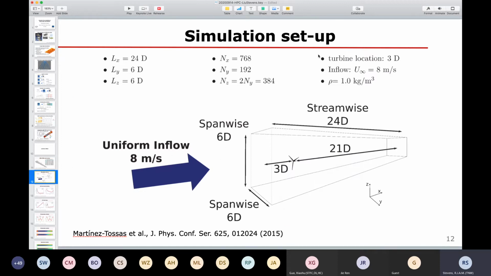Then we use a uniform inflow of 8 meters per second in a large domain so that the flow can fully develop, using a grid of 768, 192, 384 as indicated over here. The turbine is placed far enough into the domain to prevent the induction effects from having too much of an effect on the flow dynamics observed at the blades.